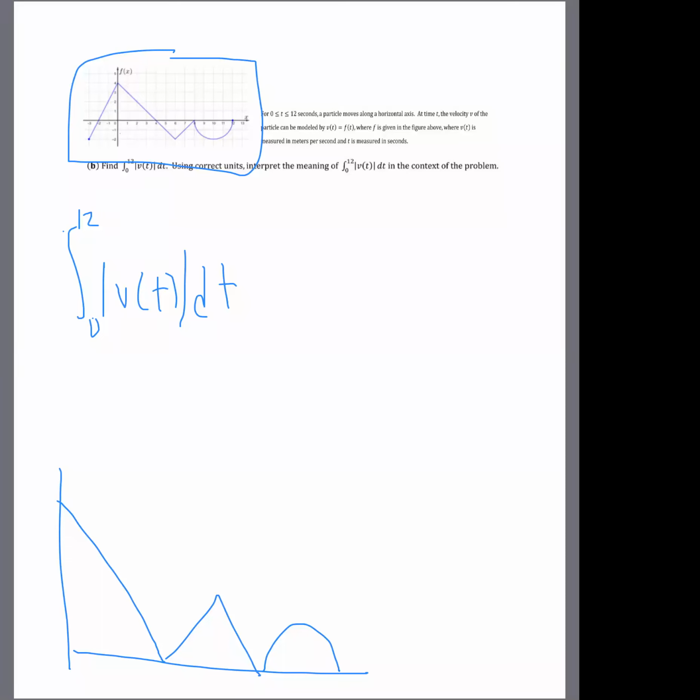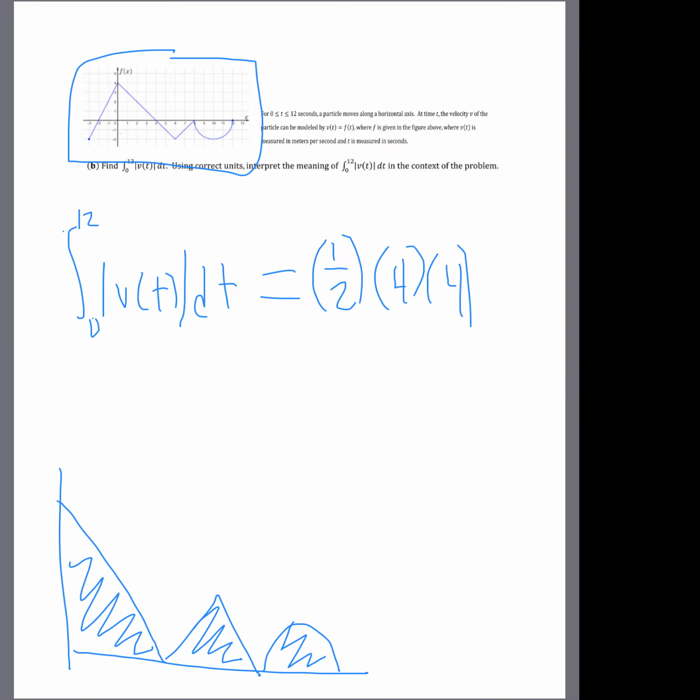So all you have to do is this, which is positive now, this, which becomes positive, and this. You just have to add those up. Based on the graph, it's a little tiny there, but you should have it on your front page. I can tell that the first shape is a triangle with a base of 4 and a height of 4, plus another triangle, which is now positive based on this image, and that is the absolute value velocity.